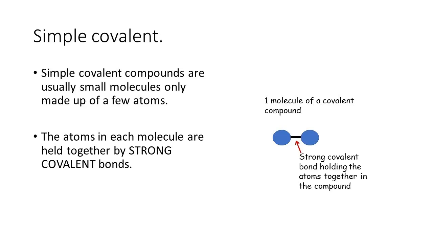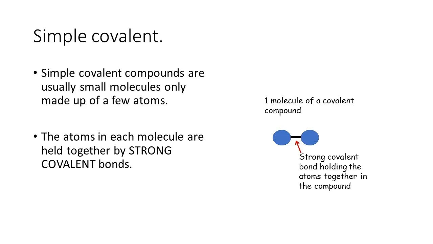And remember, these are held together by covalent bonds, which we can show as a simple line between two atoms joining them together. Covalent bonds are very strong and difficult to break. So once two or more atoms are bonded together covalently, they tend to be quite difficult to separate. Now, in the real world, it's very unlikely that you would get one individual covalent molecule on its own.